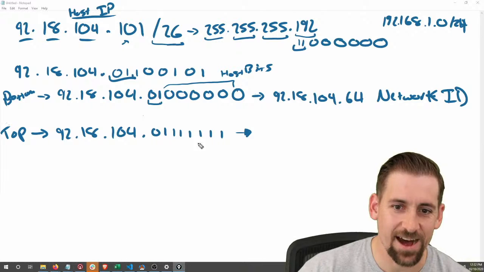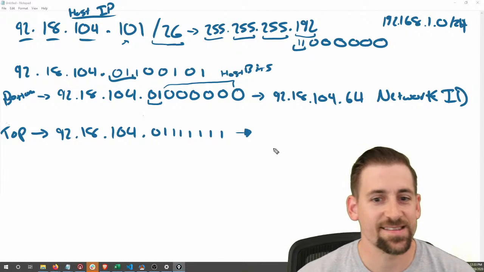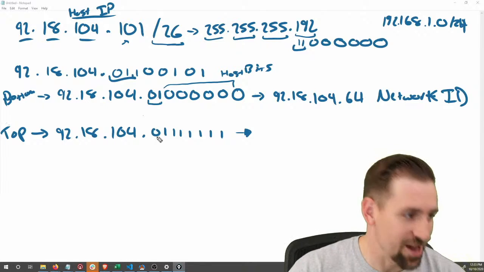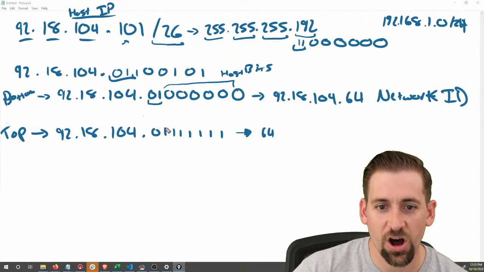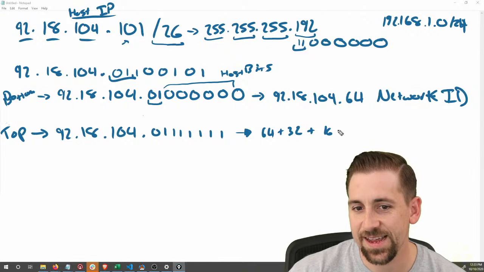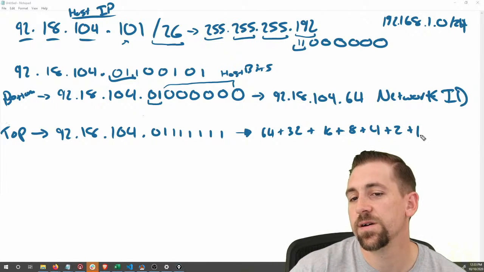In this case, we'll do the math, but I could tell you this is going to equal 127 off the top of my head, or I could actually explain it to you, which I'm going to do instead. So 128 is off, 64 is on, plus 32, plus 16, plus 8, plus 4, plus 2, plus 1.